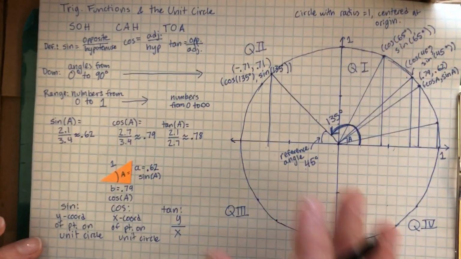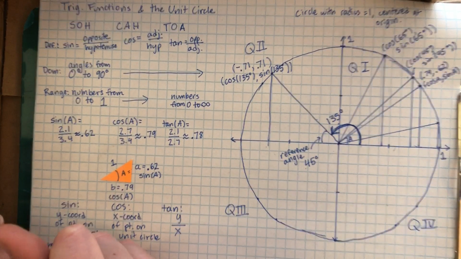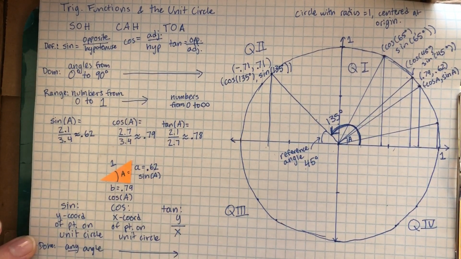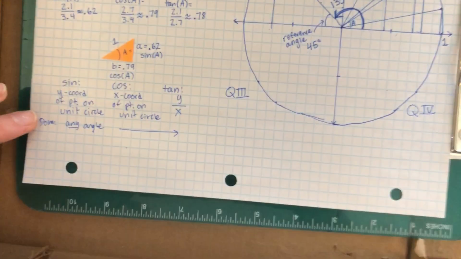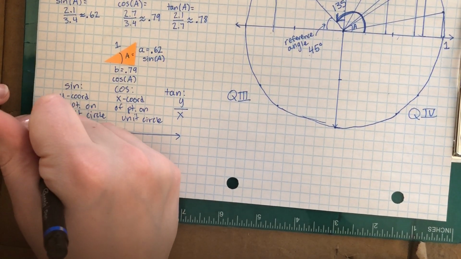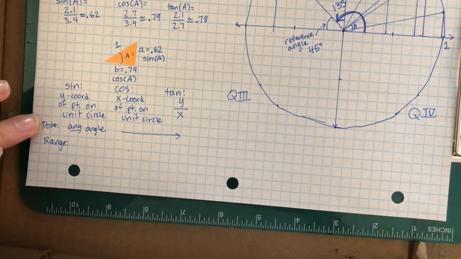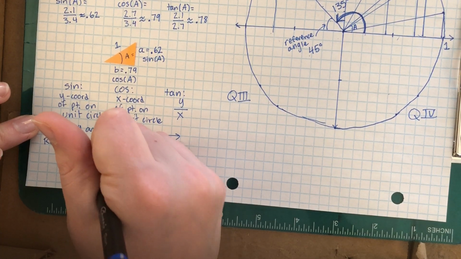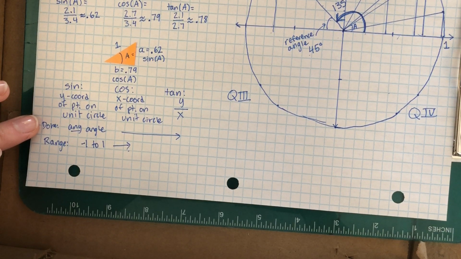The domain of sine, the new domain, is any angle, and this is true for all of them. And the new range is -1 to 1 for sine and cosine.